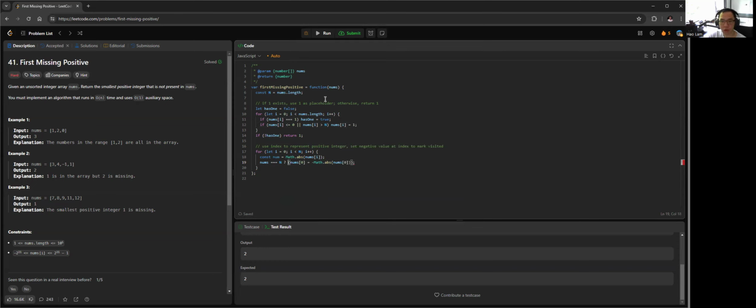Okay, so we always have to make sure that this is a negative number, right? What if number 0 is already negative? If we multiply by negative 1 again, it's gonna become positive. So we need to make sure that it is a negative number by using the absolute value and then multiplying by negative 1.